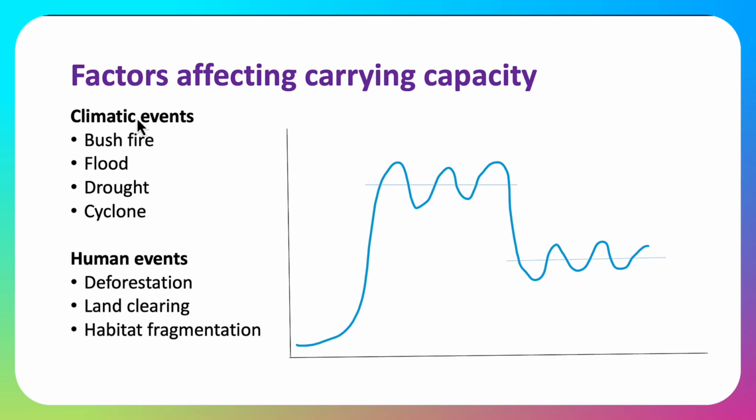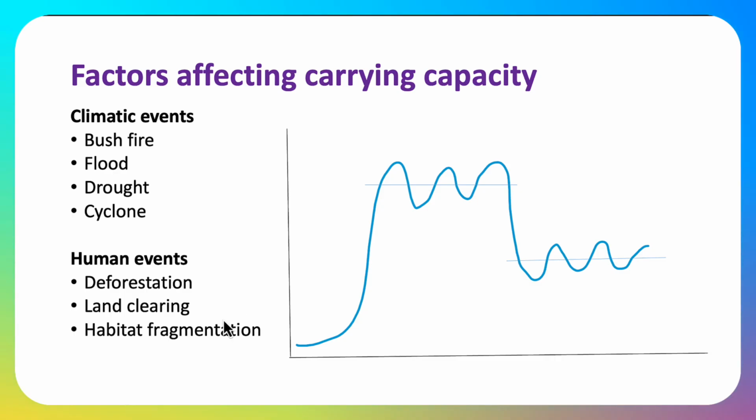Even if it's just temporarily, these actually reduce the carrying capacity, reduce the ability for that area, that habitat, to carry that particular species. So whilst it may achieve a new carrying capacity, oscillating around this point, it's actually at a lower population.